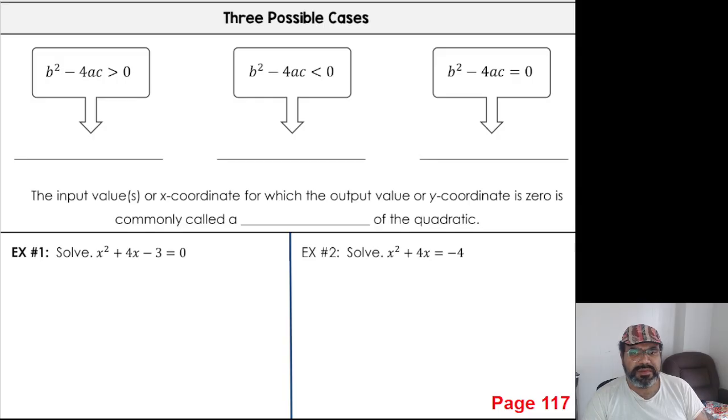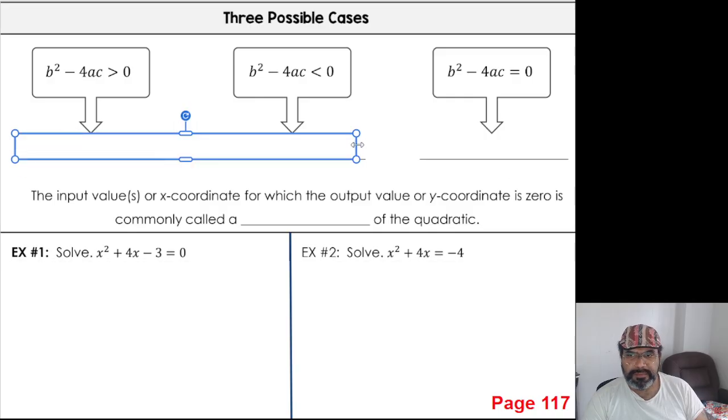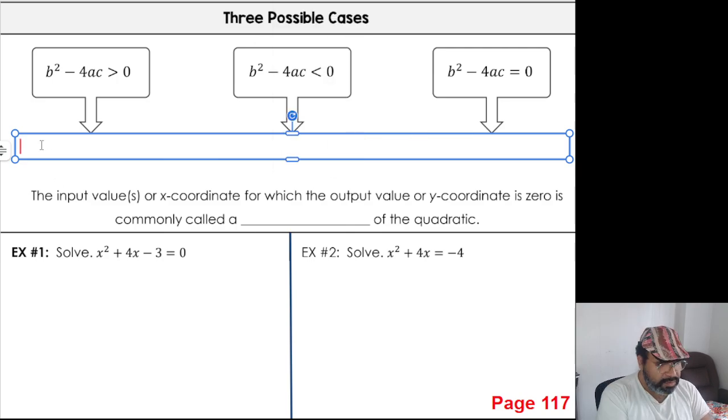We learn the discriminant for a few reasons. When that number, the discriminant, is greater than 0, in this situation number 1, we have 2 real solutions.